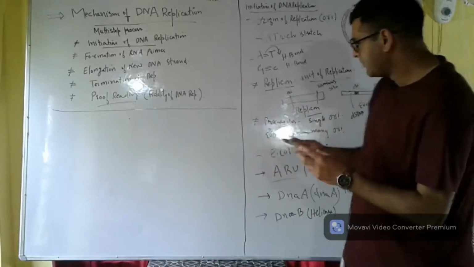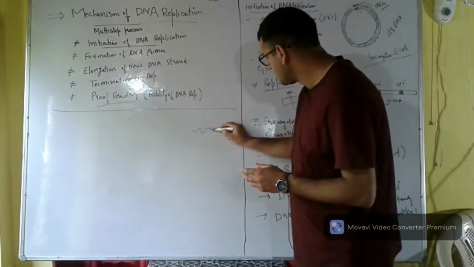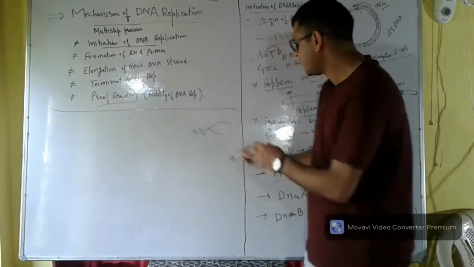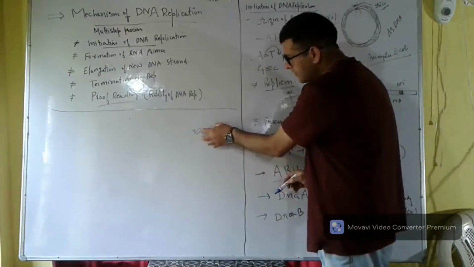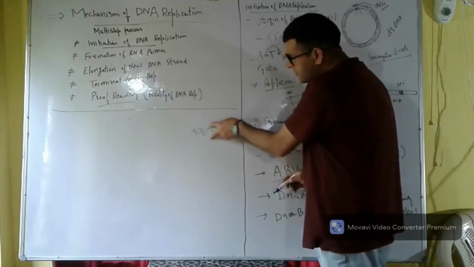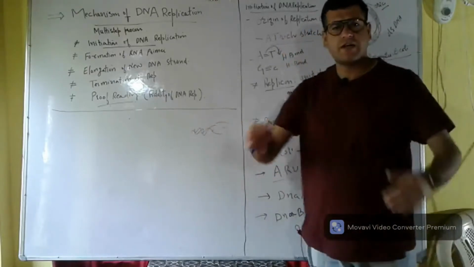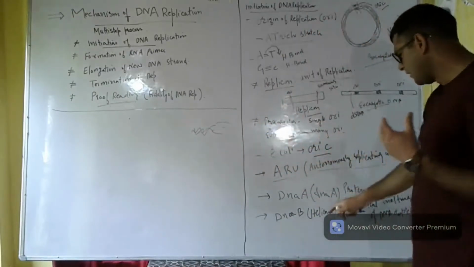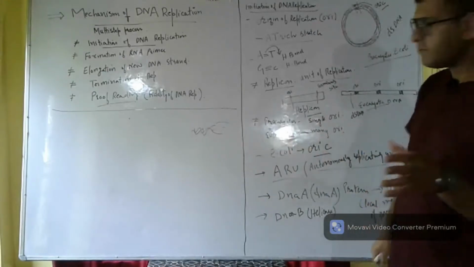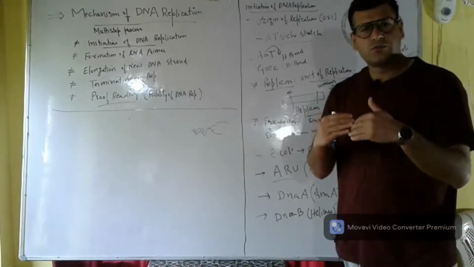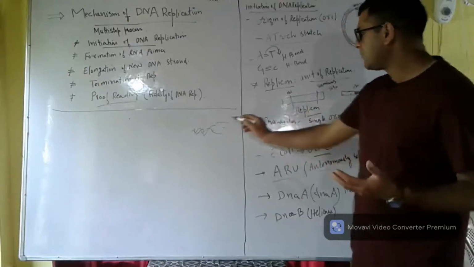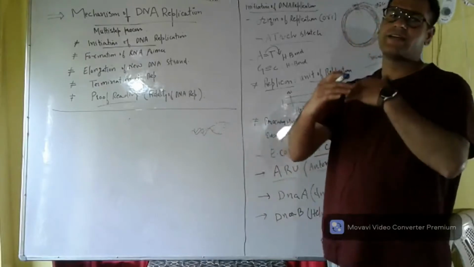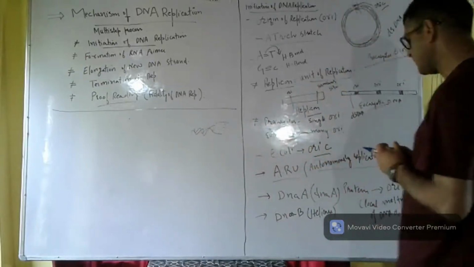That means if this is double-stranded DNA, this helicase converts this DNA duplex into single-stranded DNA. It causes the unwinding, unzipping or separation of the two strands of the DNA. Helicase is the enzyme which separates the two strands of the DNA duplex. This is one strand, this is another strand. Actually it's a DNA duplex, but helicase unwinds the two strands.